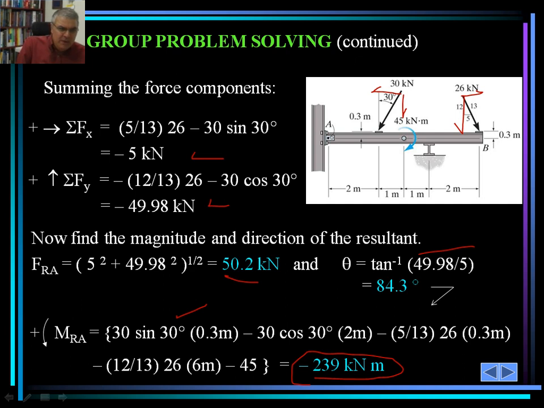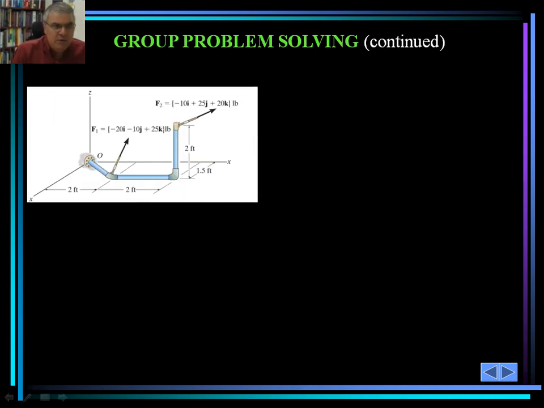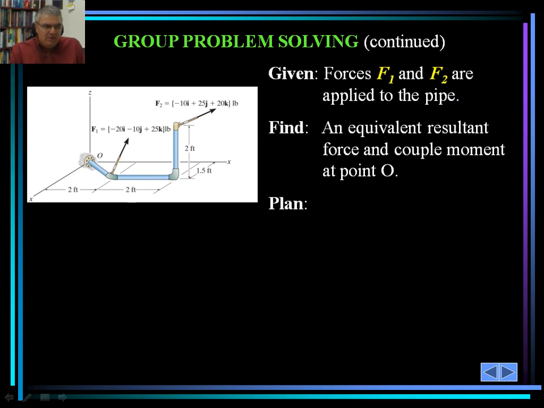And if a force gives a clockwise rotation, it would be a negative number, since our sign convention is that counterclockwise is positive. So three of the components turn out to be negative, so that would be minus 329 kilonewton meter as such.